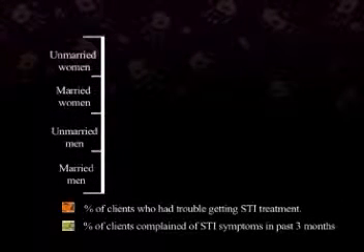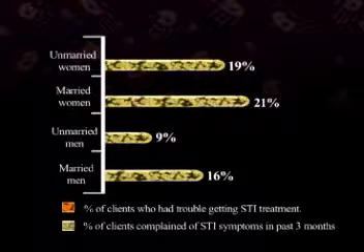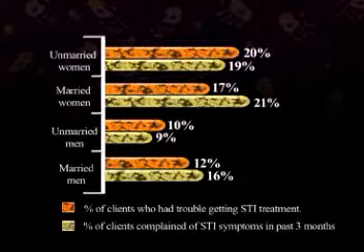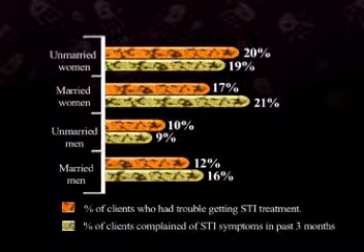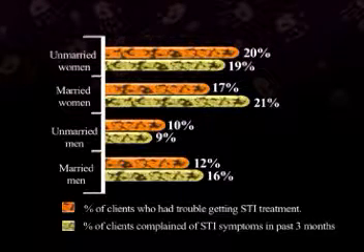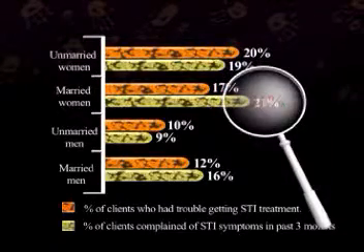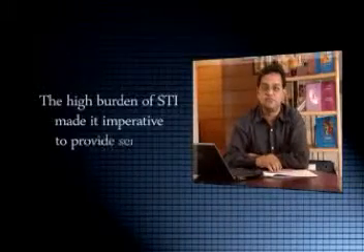As you see in this graph, a large proportion of men and women have reported sexually transmitted infections, STIs or STDs, as we call them, in the last 3 months, which shows very clearly that there is a burden of STIs in the population, and we need to provide services for the treatment of these infections.